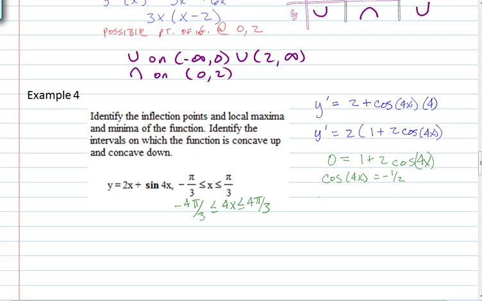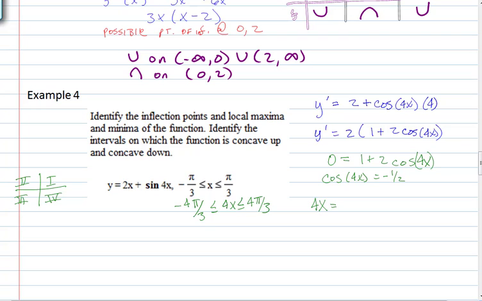Well, that's going to be where 4x is equal to, where's cosine going to be 1/2? What's the reference angle? Pi over 3. Right, pi over 3. And cosine is negative in quadrants 2 and 3, right?